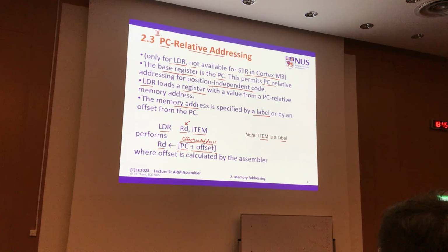Program counter relative addressing has a limit in terms of how big that offset can be. I think it's 4096, if I'm not mistaken. You don't really need to know this, but I'm just mentioning that there's a limit. So when we want to load from hardware, we know from the memory map that GPIO is 200 something, and the I2C registers are 400 something.